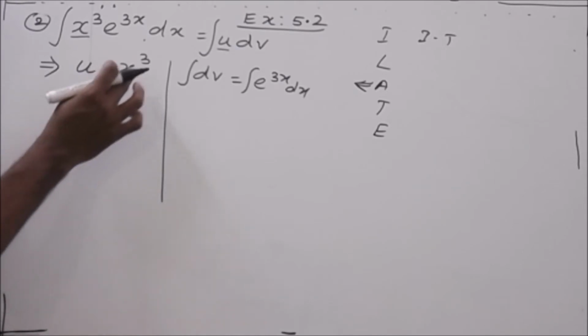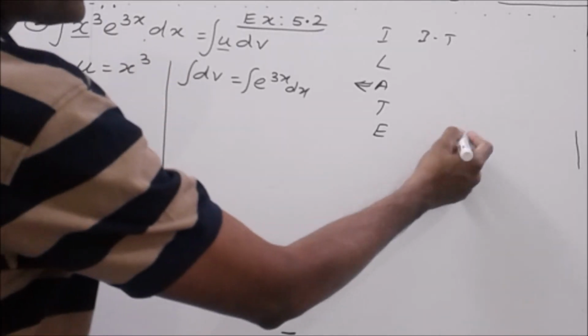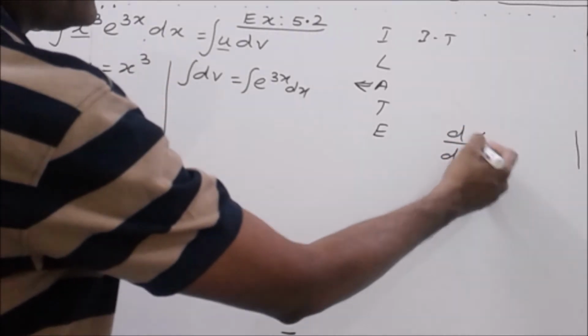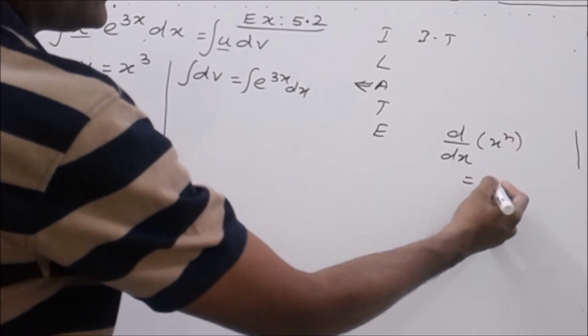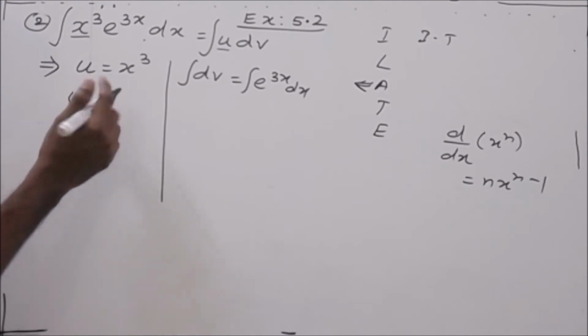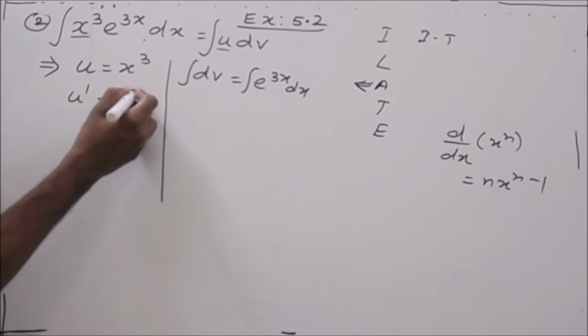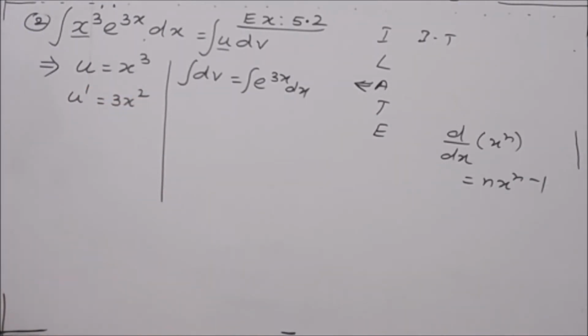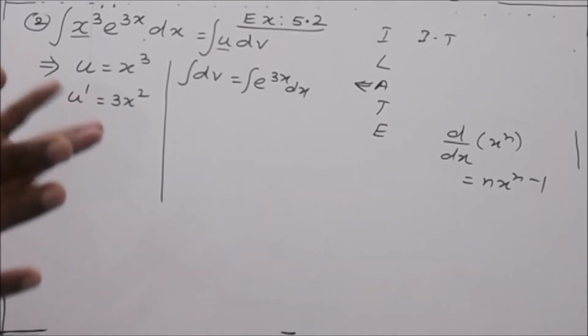U dash, by the exponent formula, d by dx of x power n equals n into x to the power n minus 1. So x cube gives 3x square. Look carefully here. You should get familiar with the formulas of consecutive differentiation and integration.